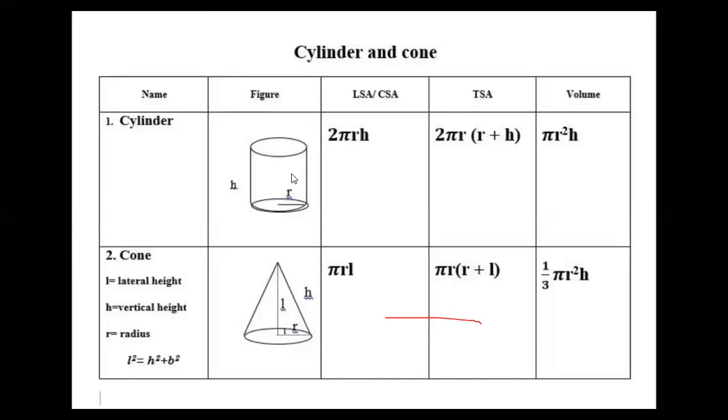You can see around you, your water bottle or some storage box. A round box is also a cylindrical shape. So they are all cylinders.